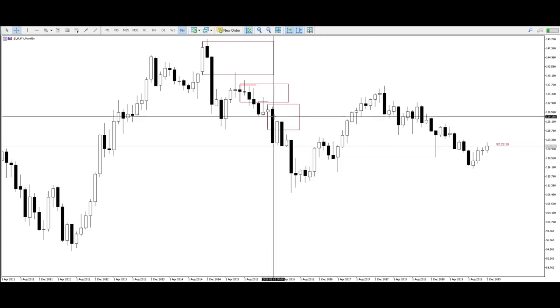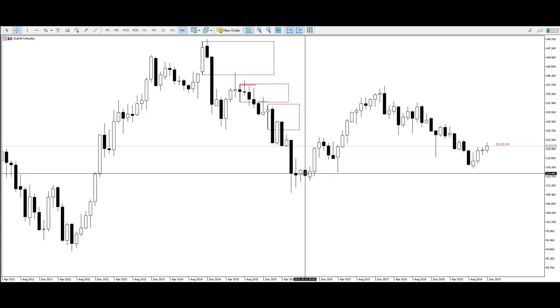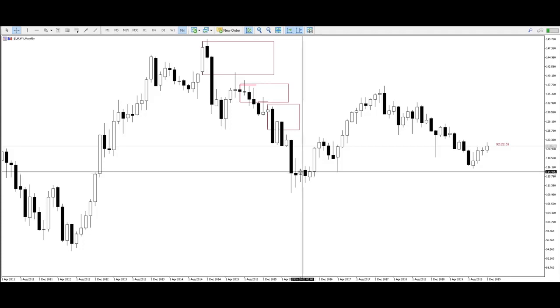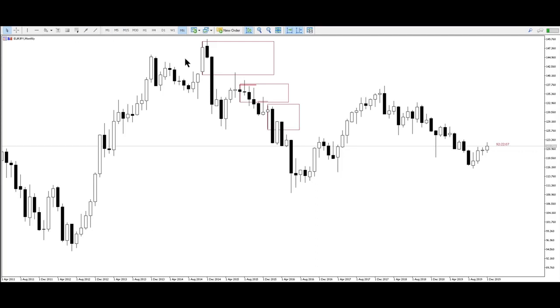Alright, then we had a bit of consolidation here. Now, when price goes into some period of consolidation, this is like accumulation, and you can see some orders are going to be built up, either to push the market in another direction, but before they do push the market in any other direction, there's always going to be another raid happening.